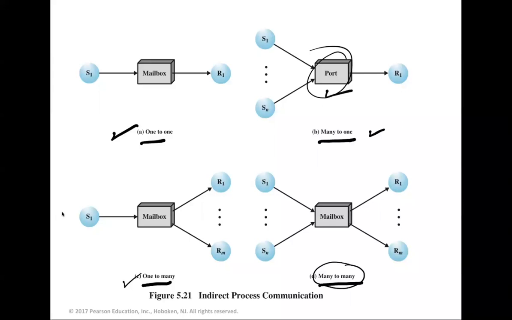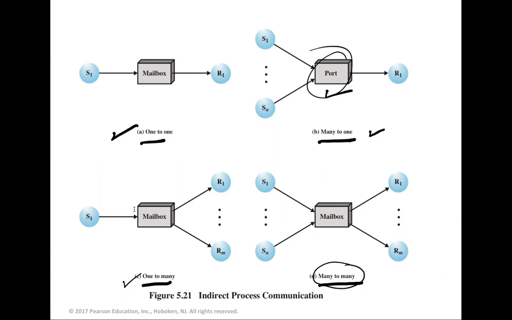Keep this word in mind, as now we use different terminology for the mailbox. The one-to-many relationship is used for applications where there is some information to be broadcast to a set of processes. Finally, the many-to-many relationship allows multiple server processes to provide concurrent services to multiple clients.